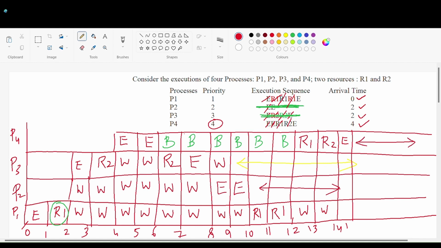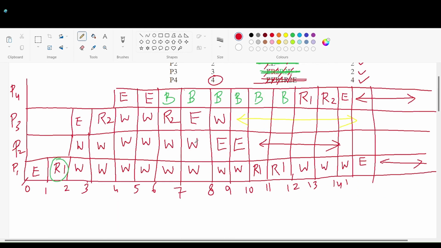Then the process P4 exits from the system, right? Now there is just one process in the system, that is P1. So P1 will execute now. So this is waiting and P1 will execute now. After that all the processes exit from the system, right?